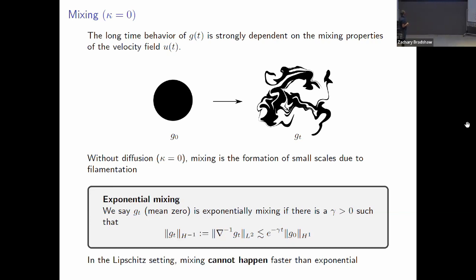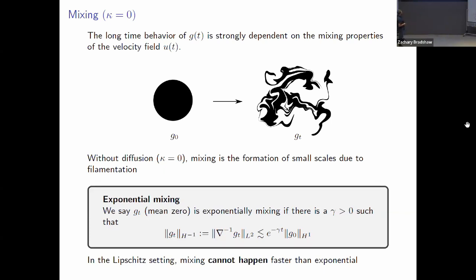The formation of small scales can be measured in a lot of different ways, but typically, at least in this setting, it's convenient to measure it in an H-1 norm. There's a bunch of reasons for that, but one of them is that it's like an inverse length scale. It's also convenient from an analytic standpoint.